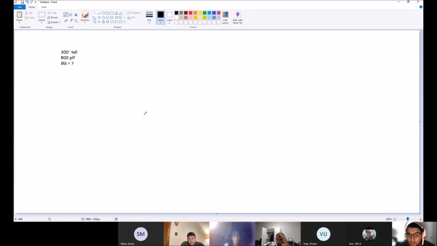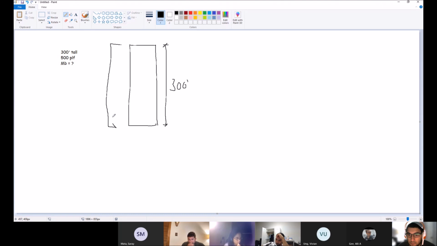Want to draw it out? We will draw it out. Very simple. We have the building, 300 feet tall. And then we have a lateral wind load of 500 pounds per linear foot.